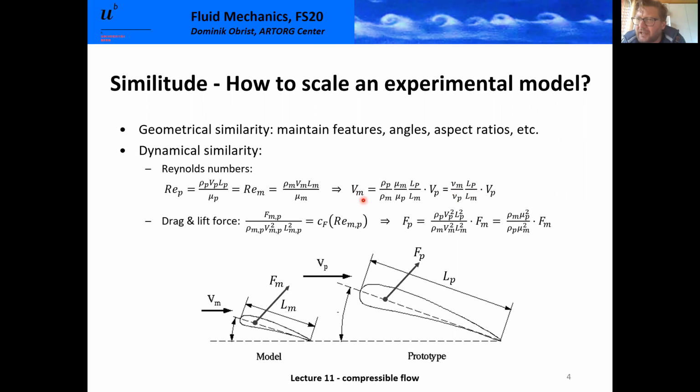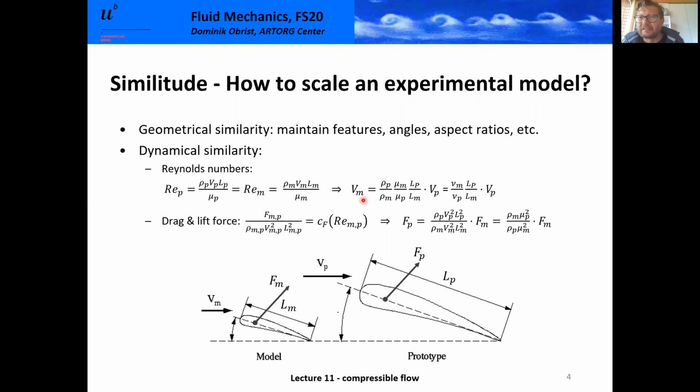If a commercial airliner is flying, I don't know, a few hundred meters per second, and you make it 10 times smaller, well, then you have to go already at 10 times, let's say 300 meters per second, or let's say 200 meters per second, so we're at 2,000 meters per second. Well, that's supersonic. And first of all, it's difficult to do, it's expensive to do. And third, because then we're going into compressible flows, you will have shocks and everything, the physics will have changed.